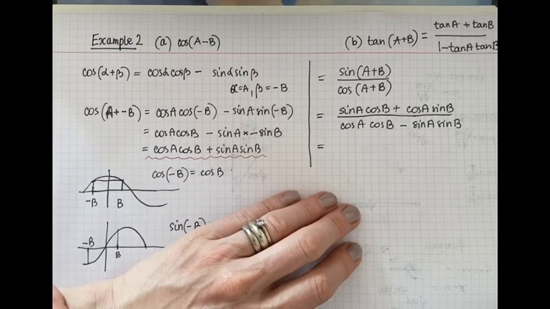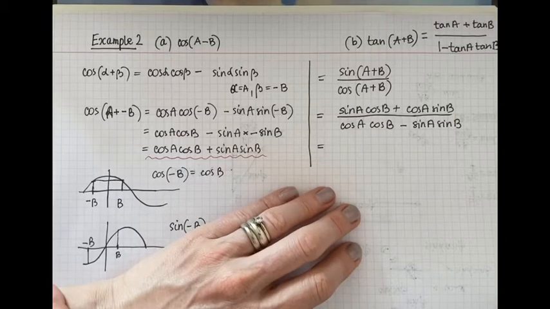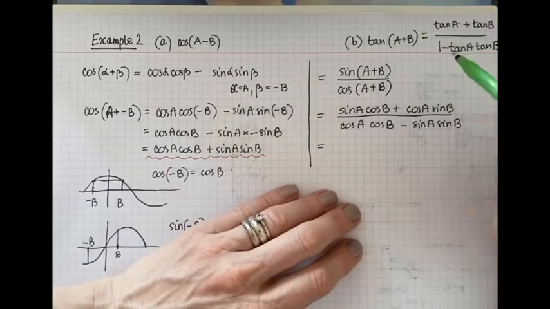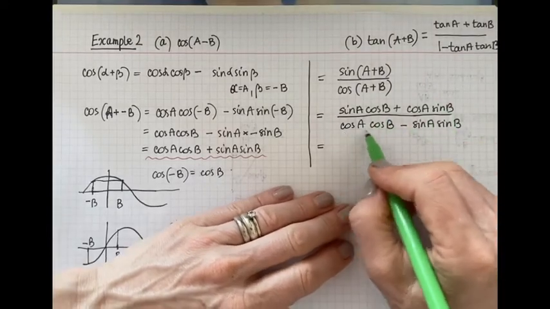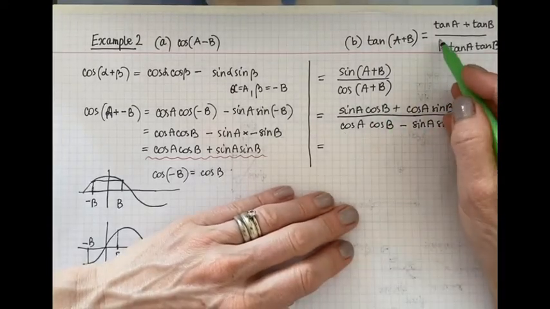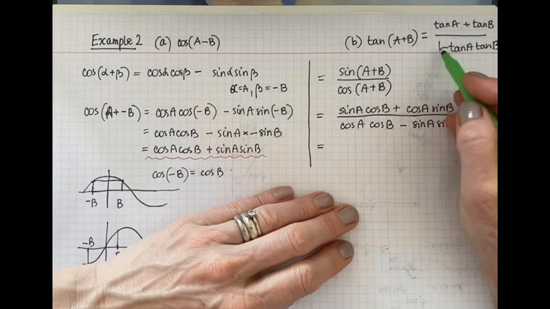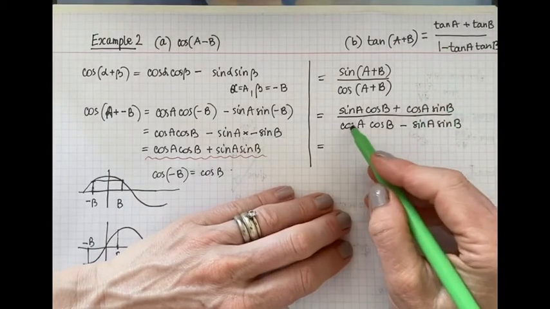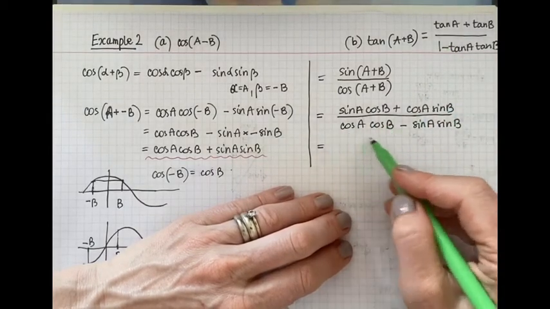So the way to think about it is you want to create fractions within fractions, and those fractions that you are going to then convert to tan A's and tan B's will have cosines in the denominator. So I need to divide by cos A and by cos B. Another way of thinking about it, because I aim to get 1 as the first term in the denominator, you think about changing this to 1.